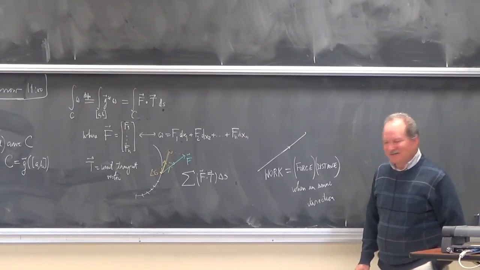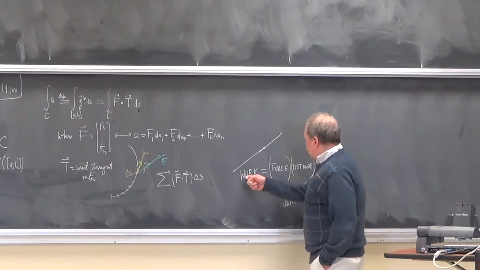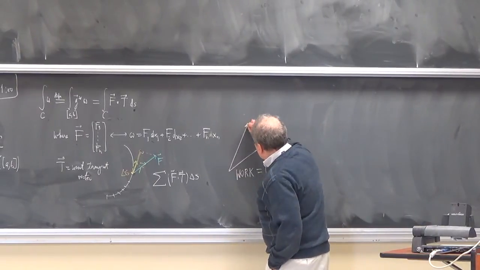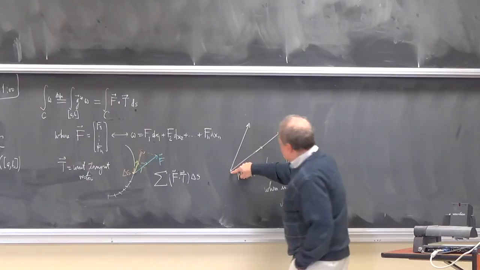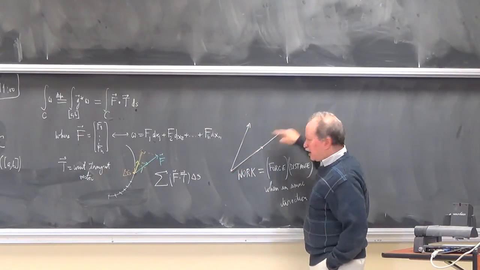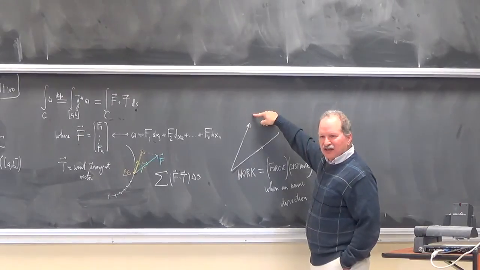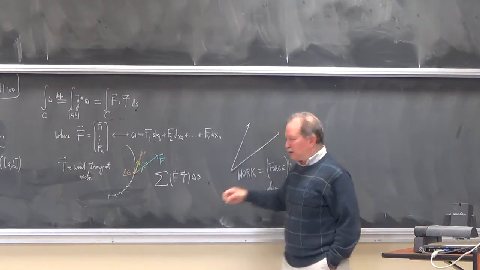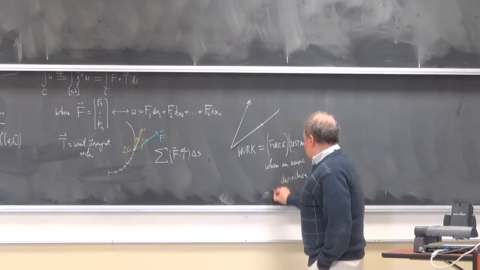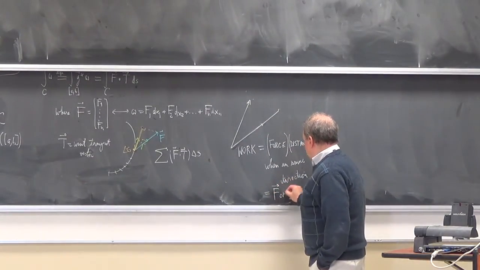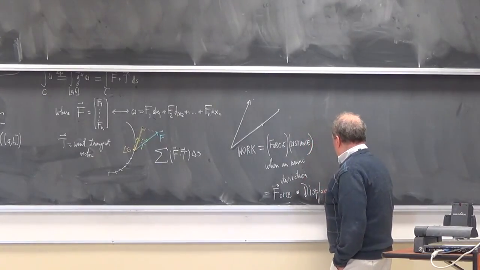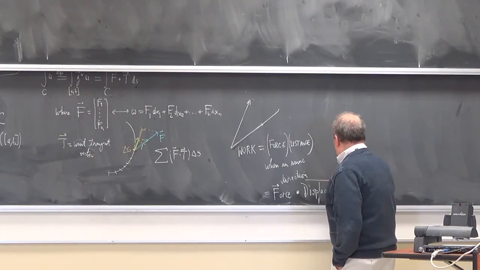Correct. So the point now is that if it's not in the same direction, like if you're pulling a book up an inclined plane and you're yanking not parallel to the plane but in some direction like that, then of course you get a dot product, because the component of the force in the direction of motion becomes the dot product of the two vectors.